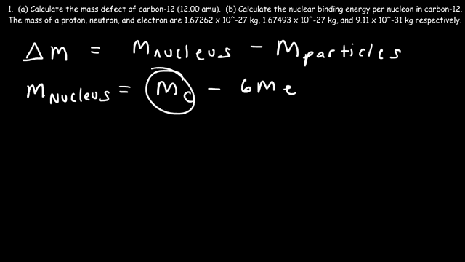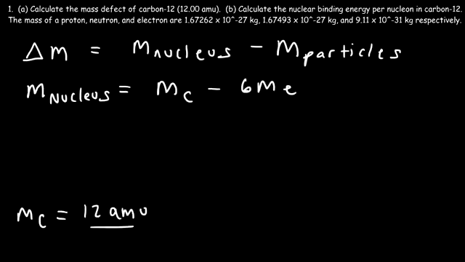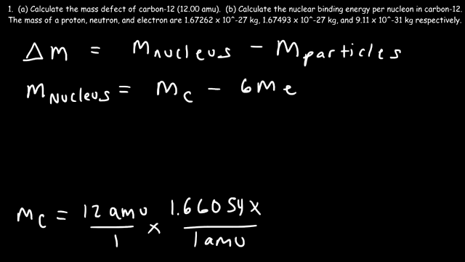Now let's calculate the mass of the carbon atom in kilograms. Let me do this at the bottom here. Now, the atomic mass of carbon is 12 AMU, 12 atomic mass units. And you need to know that one atomic mass unit is 1.66054 times 10 to the negative 27 kilograms.